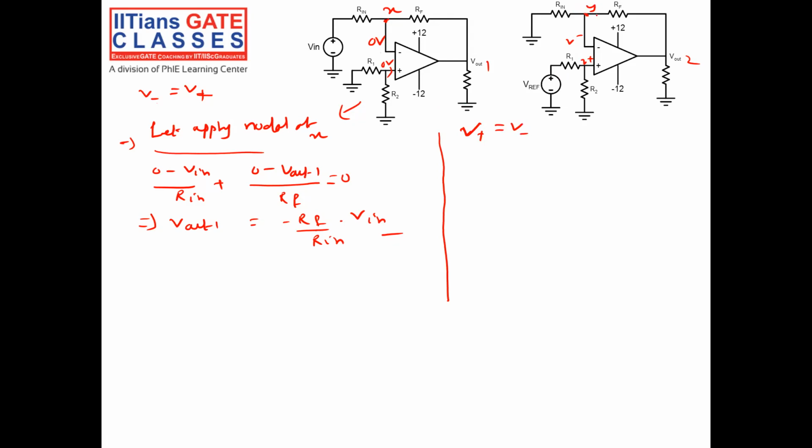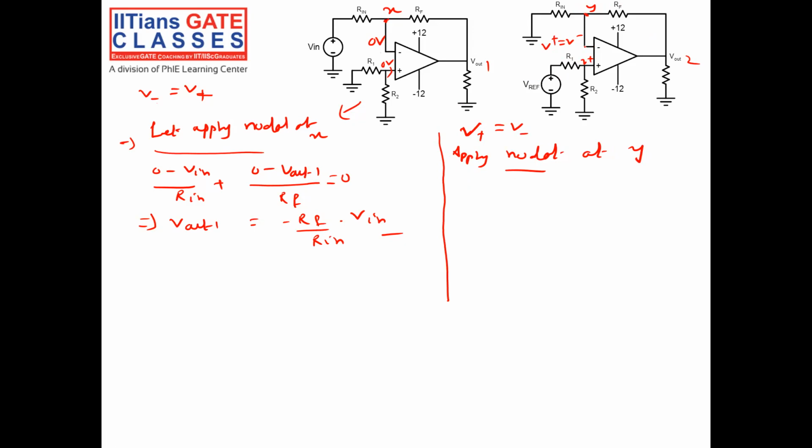Let the point be Y. Apply nodal analysis at node Y. What will happen, guys? You see, this is V positive, this is V negative, which is also equal to V positive, because it's in negative feedback.